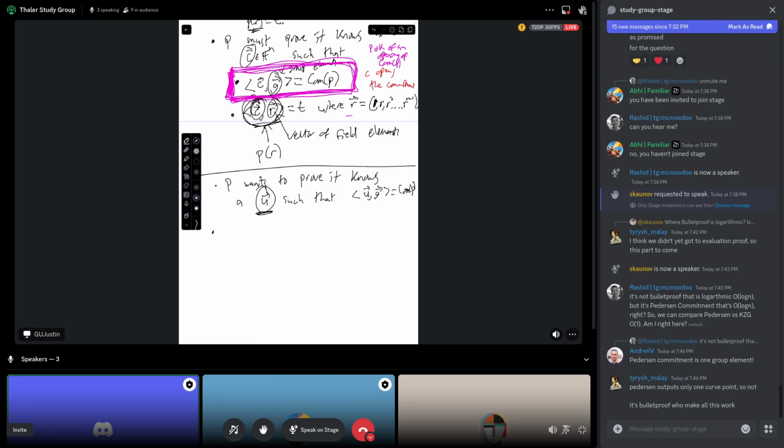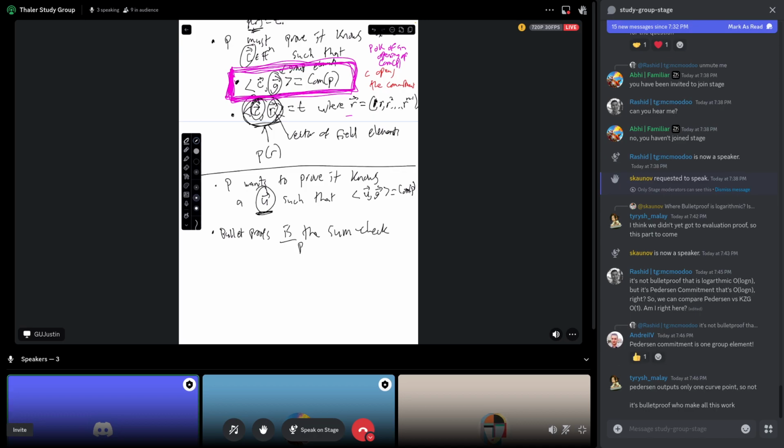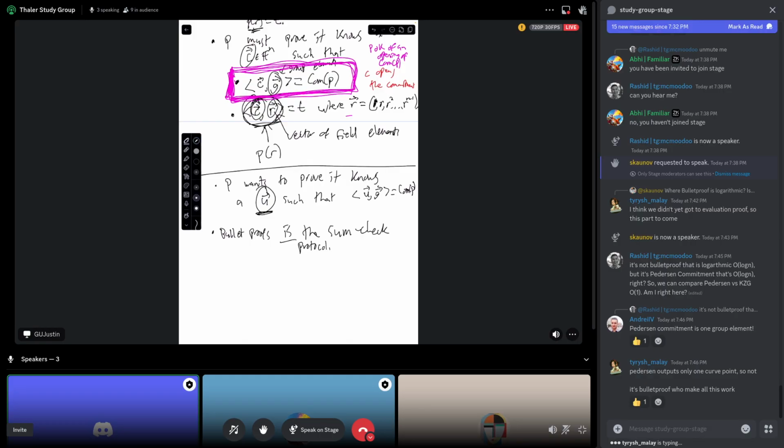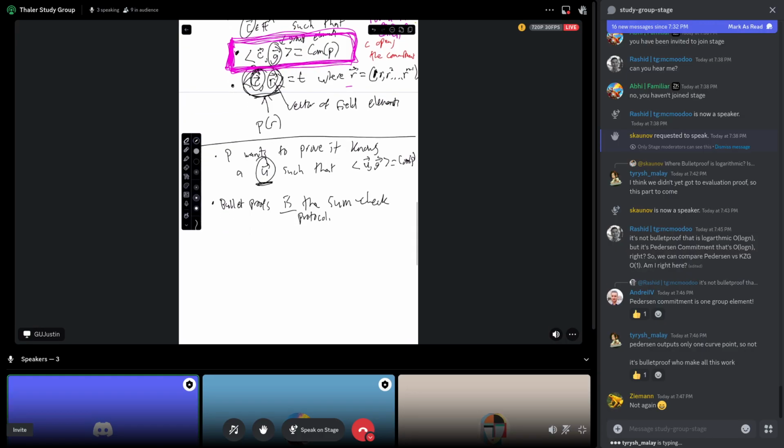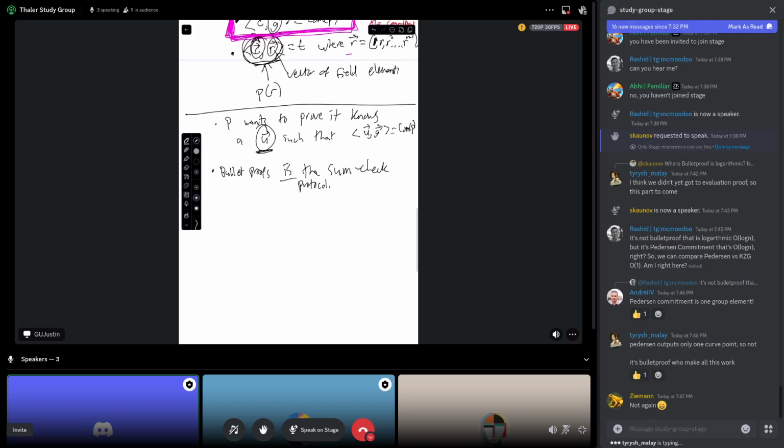Before I do that, let me mention that the protocol I'm about to describe, viewed properly, is literally the sum check protocol. I will make this more concrete. At the end of today's session, I'll spend about 2 minutes saying in more detail what this means.